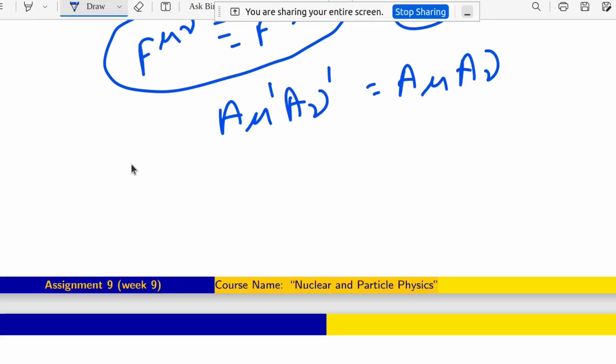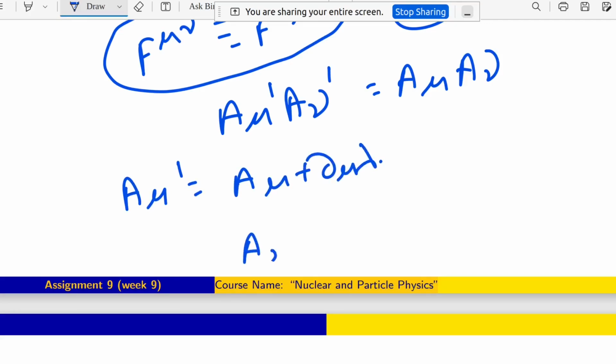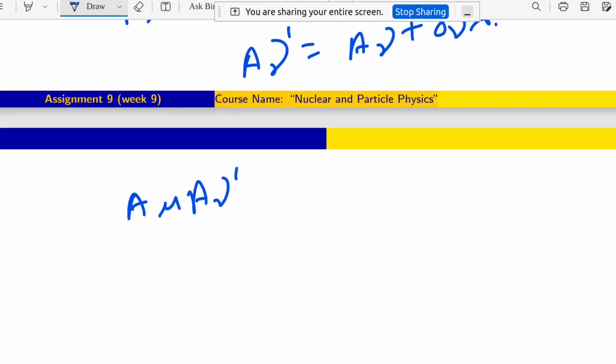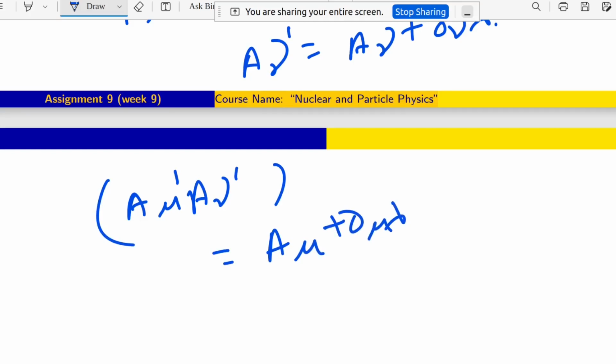Now coming to this term, A_μ prime. A_μ prime is what? A_μ plus ∂_μ λ. So if I just multiply that one, then it is coming (A_μ + ∂_μ λ) into (A_ν + ∂_ν λ).